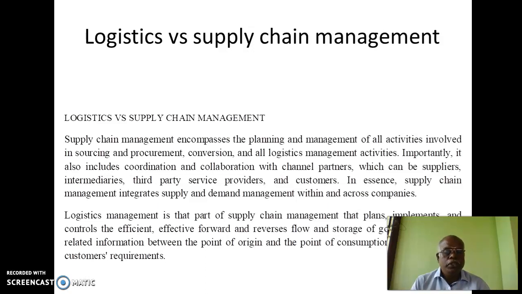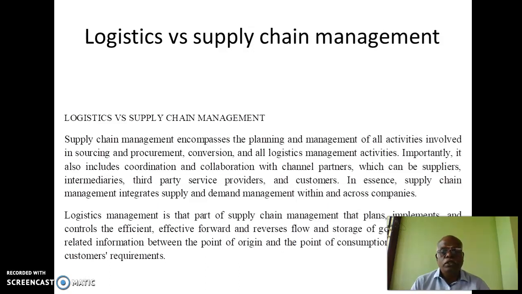As it involves all activities, supply chain management needs coordination of all the stakeholders involved in production and also distribution. But logistics is a part of supply chain management which mainly focuses on the movement of goods, products or services. Logistics management is the part of supply chain management that plans, implements, and controls the efficient, effective forward and reverse flow and storage of goods, services, and related information between the point of origin and the point of consumption in order to meet customers' requirements.